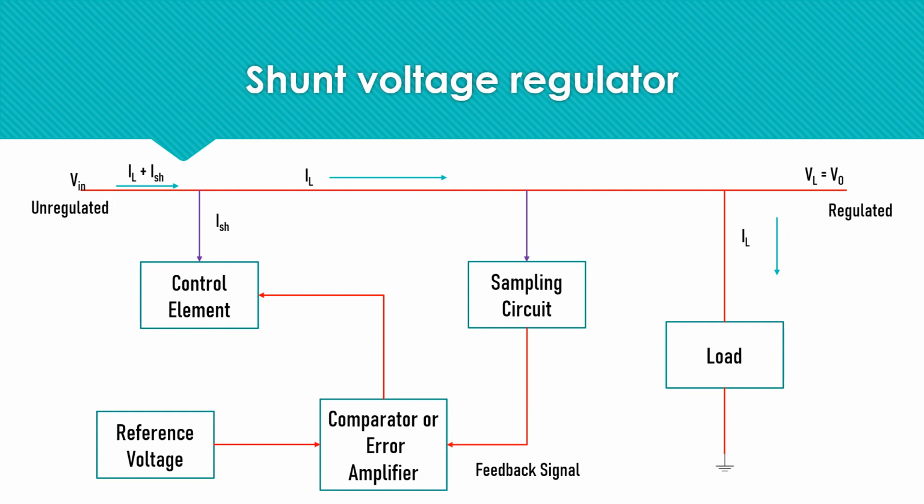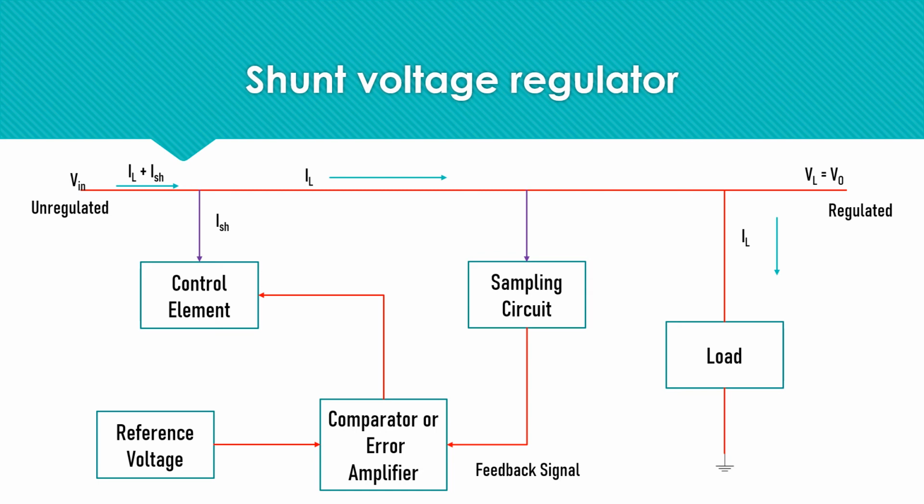Suppose, for example, the load voltage increases, that is, V0 has gone above a particular value. Then the output sampling value is fed back to the comparator, and the output voltage is more than the reference voltage, so the error amplifier gives a signal to the control element, so that the control element will be activated.